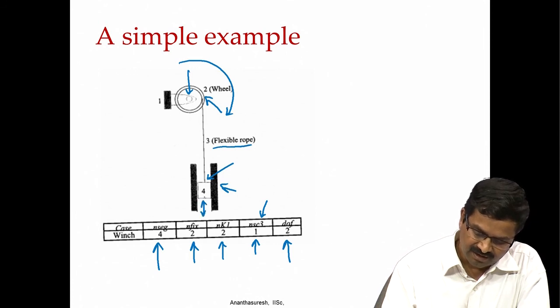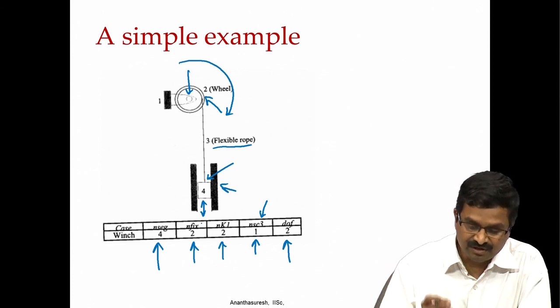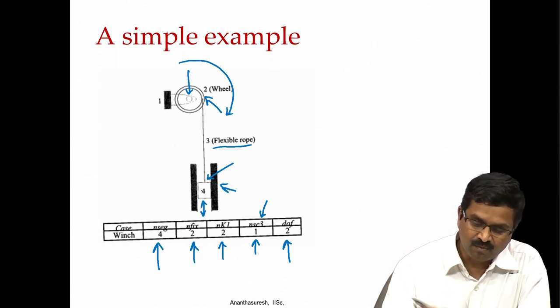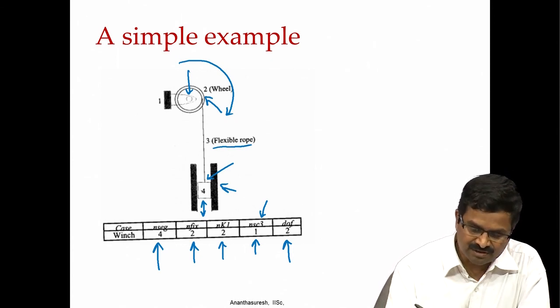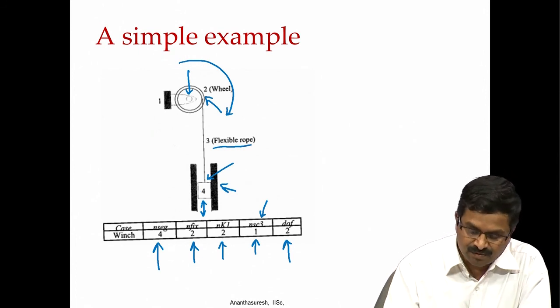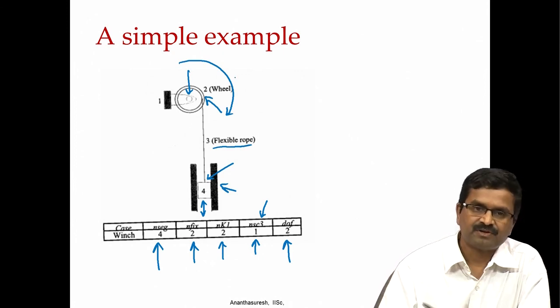We can contract it or extend it. Either way, we have 2 degrees of freedom for this, and that is it. If we give these freedoms, everything about this mechanism is fixed, including what happens to the flexible rope. Instead of a flexible rope, even if we have, let us say, a flexible strip which could buckle when applying force upwards, that still counts as 1 degree of freedom here, 1 degree of freedom for the wheel too.